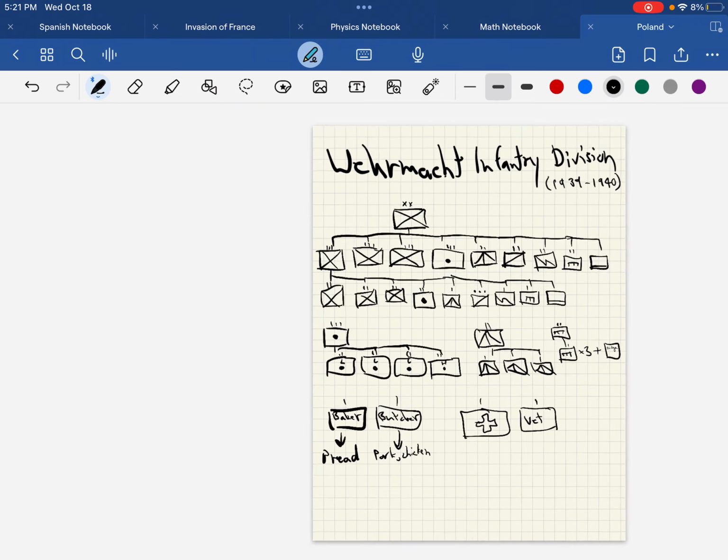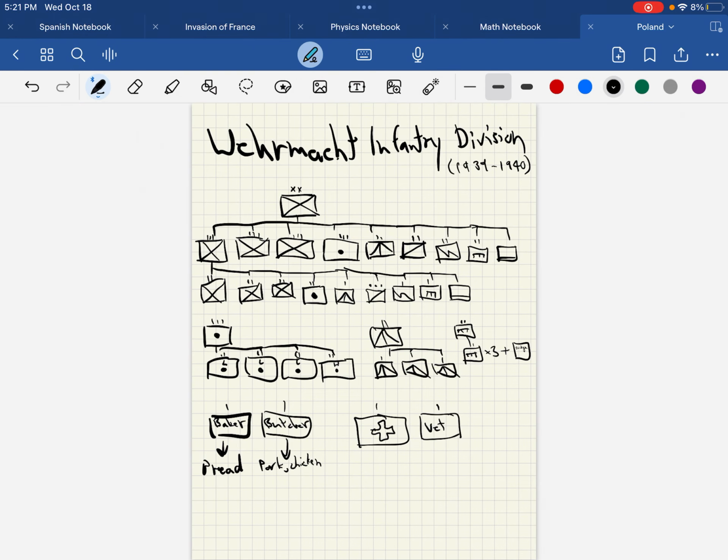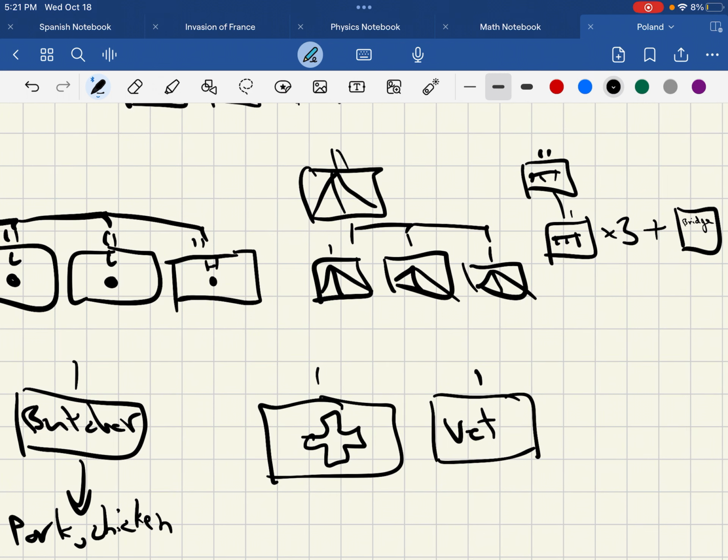Because if you consider just the amount of cavalry, you don't think there's a lot of cavalry in an infantry division, but actually there's like one every 30 soldiers or so, which is a lot. And animals needed care as well, so they had a little vet group, although on second thought I don't think it was a company, probably something smaller.